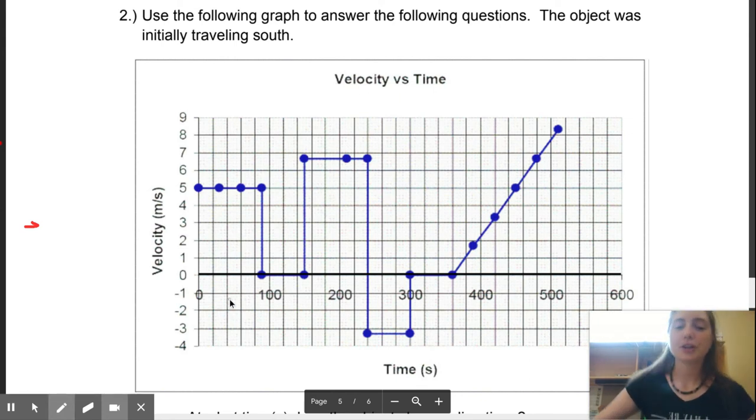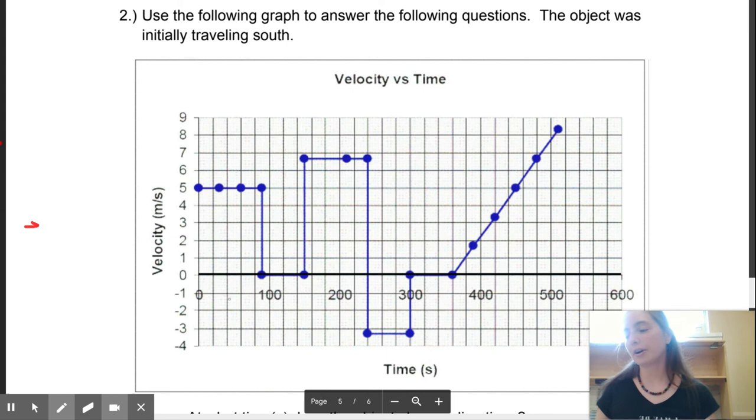All right. So with this velocity time graph, we can definitely do things a little differently than with a distance time graph. Okay. So we have velocity here, and we've got time here. Okay, meters per second. Okay, so question A, at what times does an object change directions?